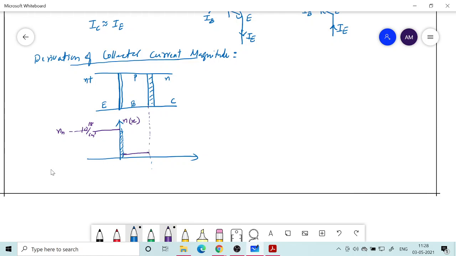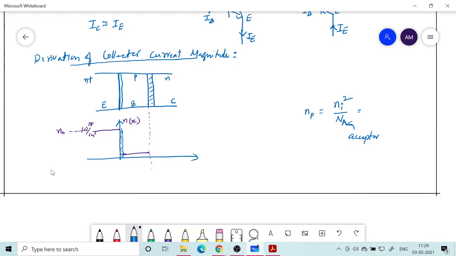From device physics, the number of electrons on the p side is equal to Ni square by Na. Na in this case is Nb, A for acceptor.